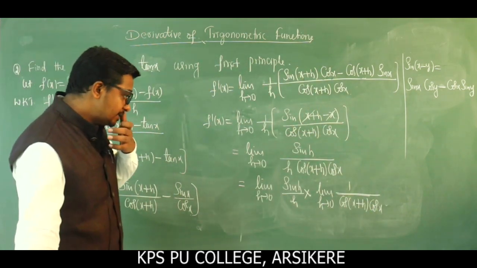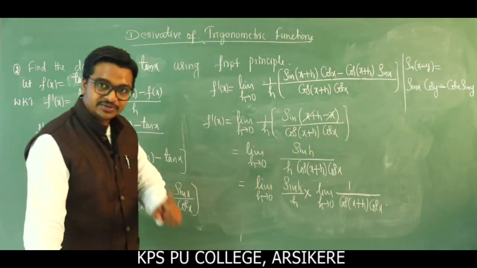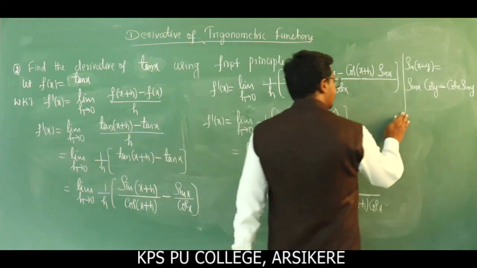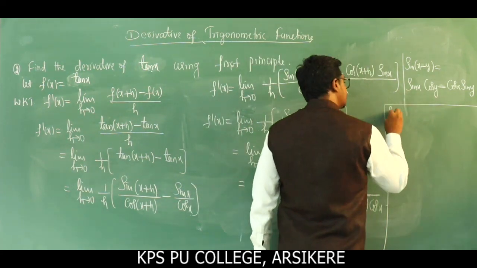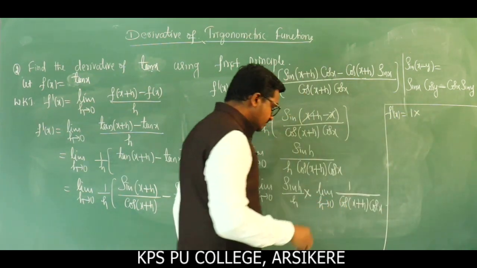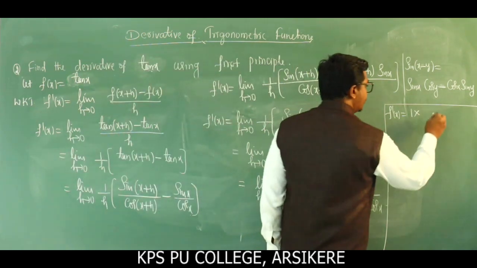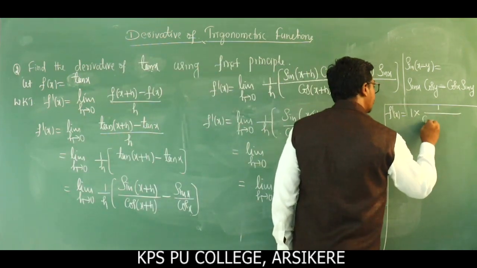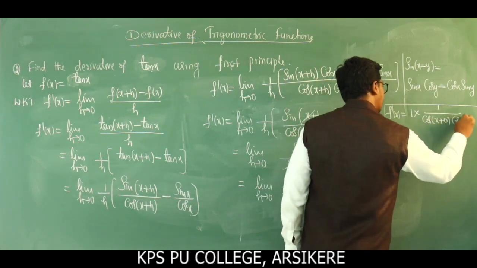Limit as h approaches 0 of sin h divided by h becomes 1. Remember? So f dash of x is equal to 1 into, here also replace h equal to 0. If I replace h with 0, we are left with 1 divided by cos of x plus 0 into cos x.